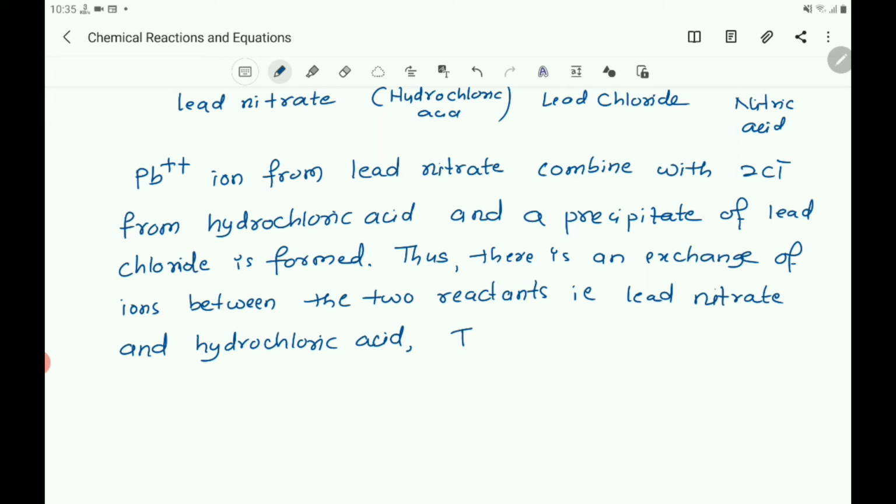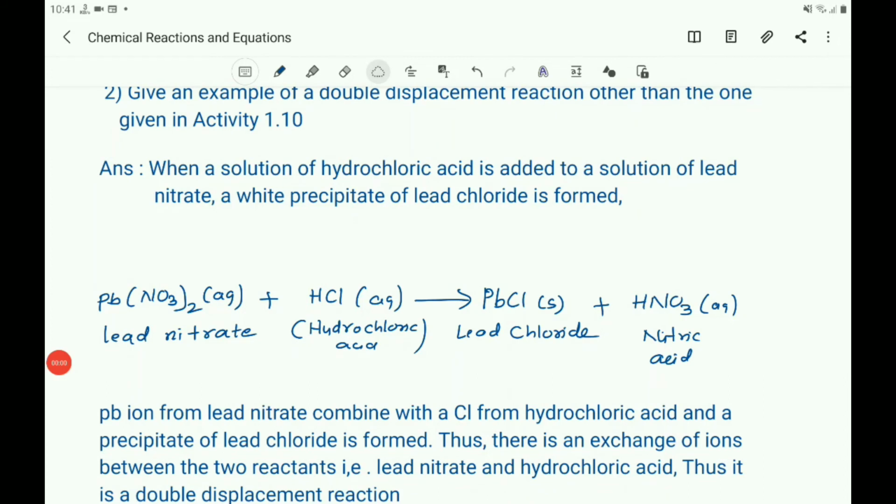Thus it is a double displacement reaction. So you read the answer for the second question.